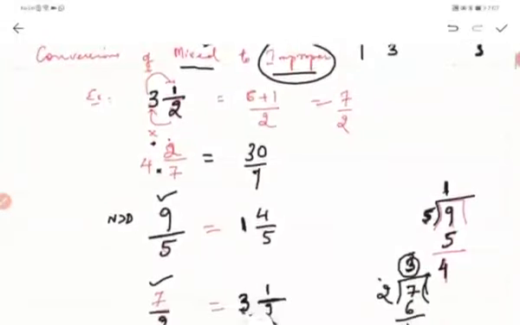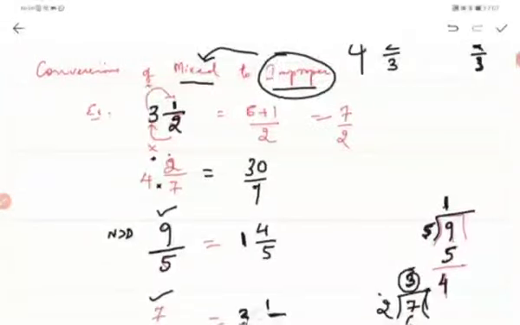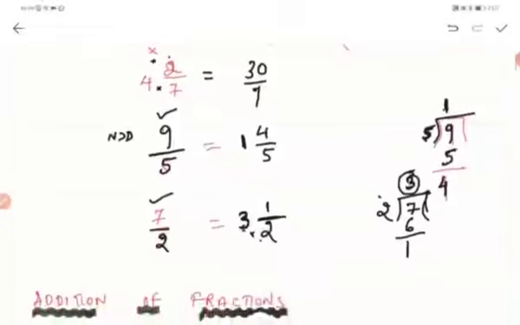Alright, so I will show how to draw this diagram. Let me draw the pictorial representation of this mixed fraction. Let me draw for this first. This is an improper fraction. Let me take a container.